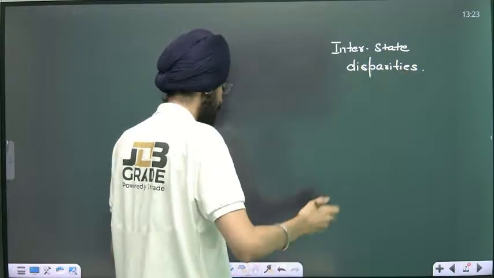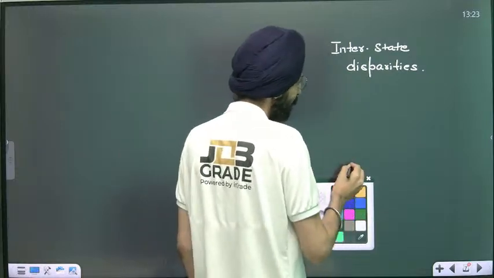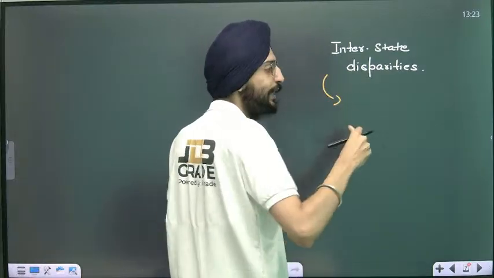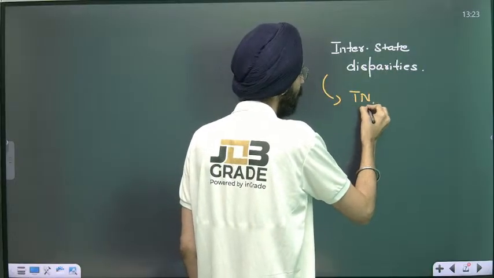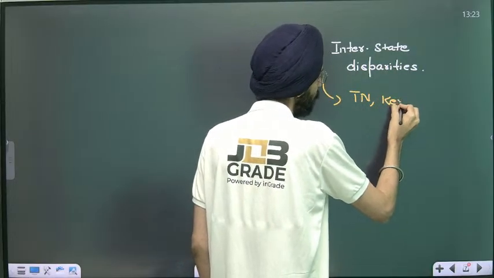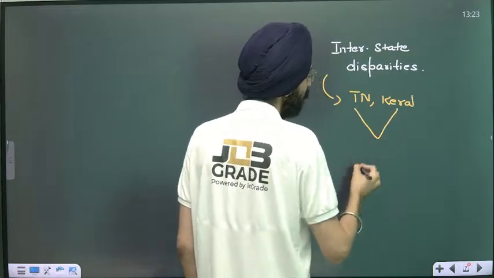Interstate disparities have been there, because when you look at states like Tamil Nadu or Kerala, there has been a high literacy rate and what we call high human development.